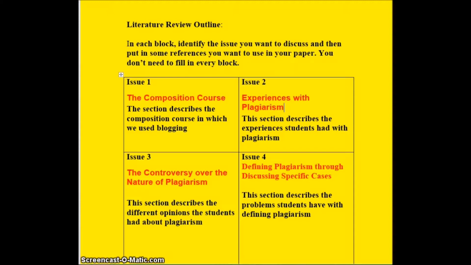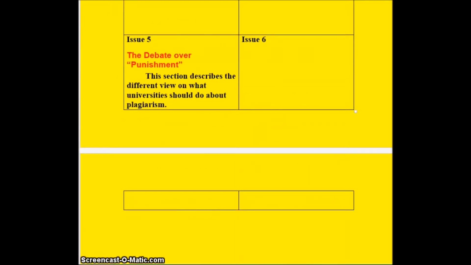And then the second issue has to do with the students' experiences with plagiarism. The third issue is the controversy over plagiarism. The fourth issue is defining plagiarism. And to skip down to the 5th issue, I talk about the debate over punishment for plagiarism.